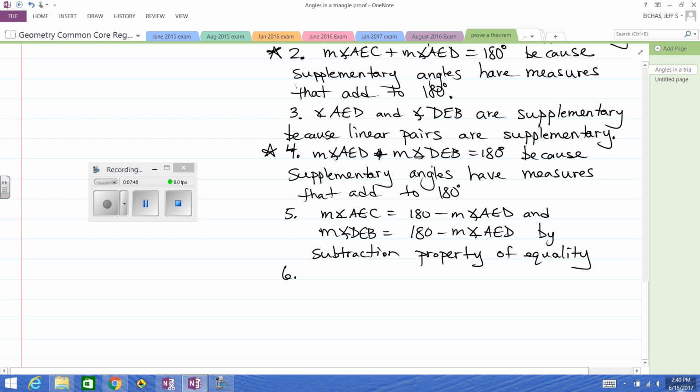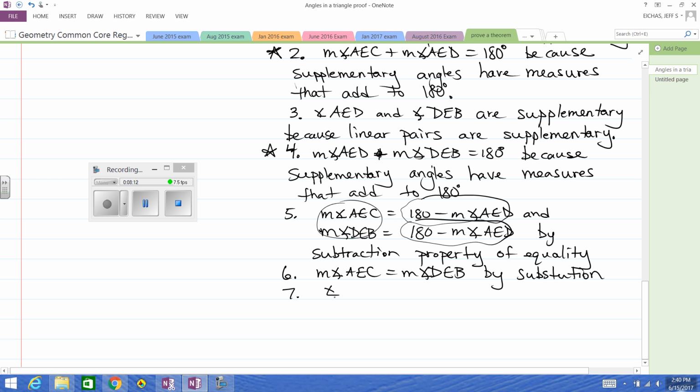Now, these two right here are completely identical. When that happens, of course, those have to be equal. So the measure of angle AEC equals the measure of angle DEB, and you could call that substitution if you want. Transitive property I've seen before. I'm going to use substitution. It's a little safer. And 7, angle AEC is congruent to angle DEB.